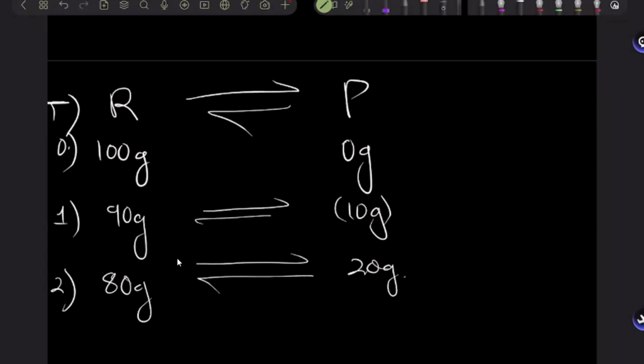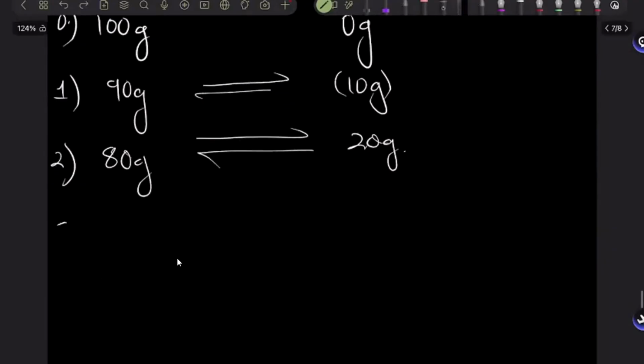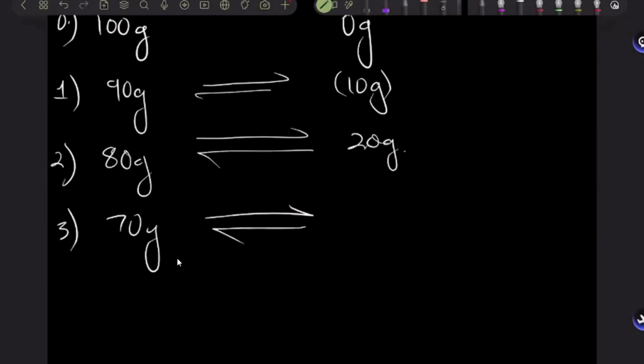So out of this 20 grams, some is going back into the reactants, and out of this 80 grams, some is going into the product side. Some mass is converting into products, some mass of the products is converting into reactants. At 3 minutes, you see that the reactants are 70 grams and the product is 30 grams. And then after 4 minutes, you see that it remains the same.